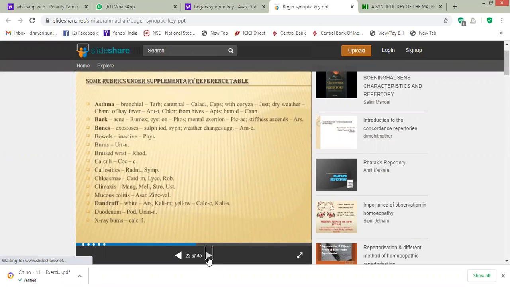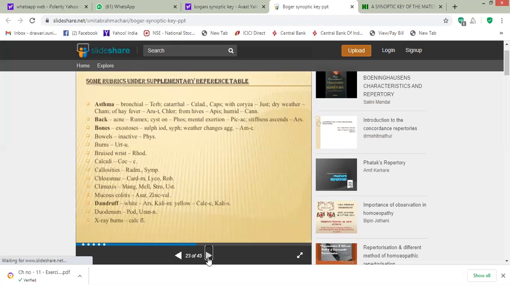Some rubrics under the supplementary reference table. They have given examples of these rubrics, that is asthma. Then which type of asthma it was? Is it bronchial? Is it catarrhal? Is the asthma with cold and coryza? Is it due to dry weather? Is it due to hay fever or from hives? Due to humid weather?